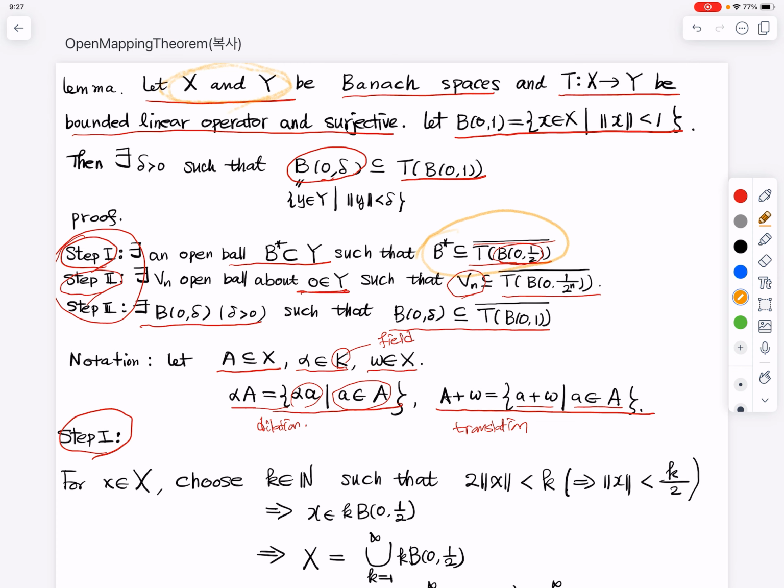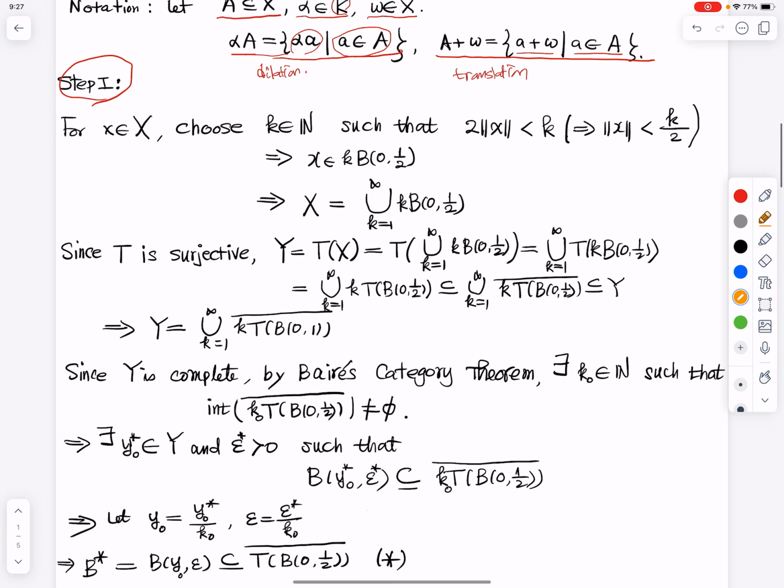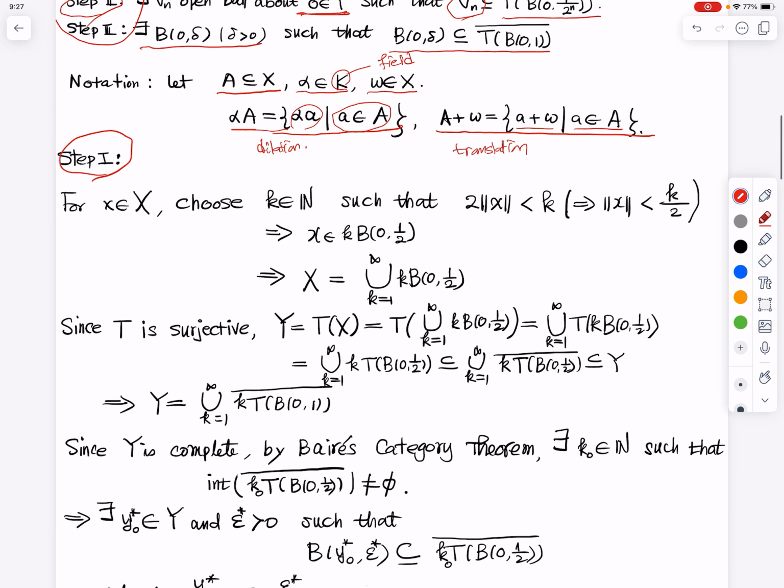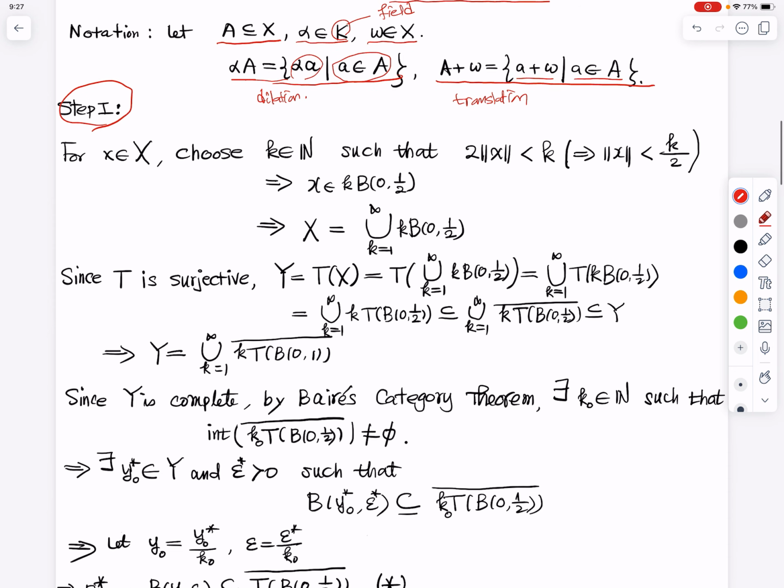Then we have one of the important theorems, the Baire category theorem. So we have to apply the Baire category theorem, and in order to apply it, we need some work.